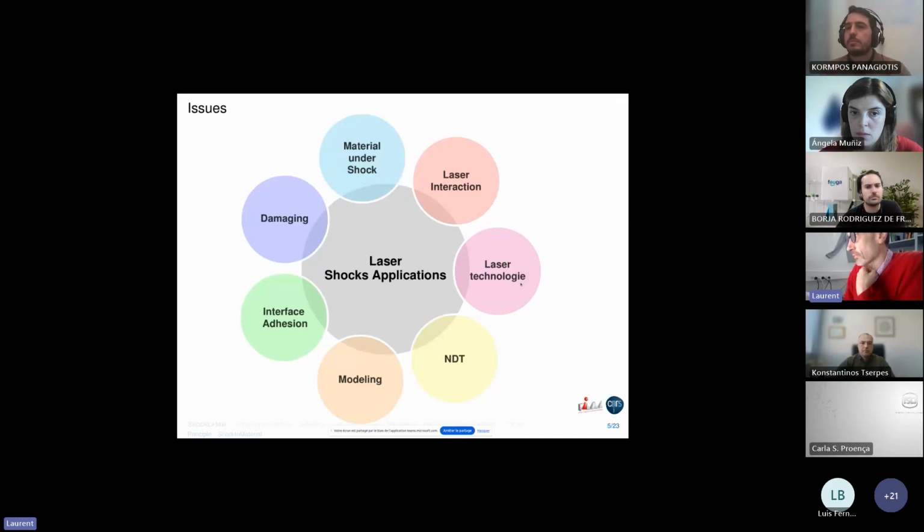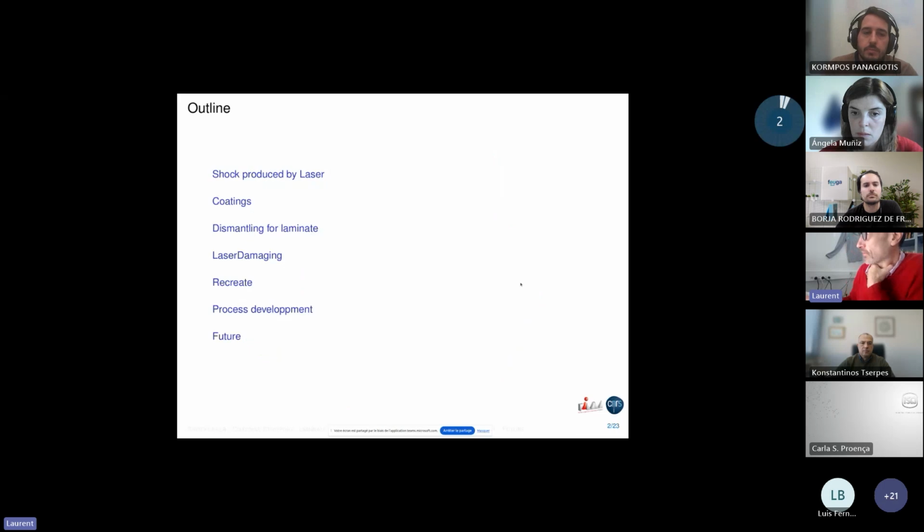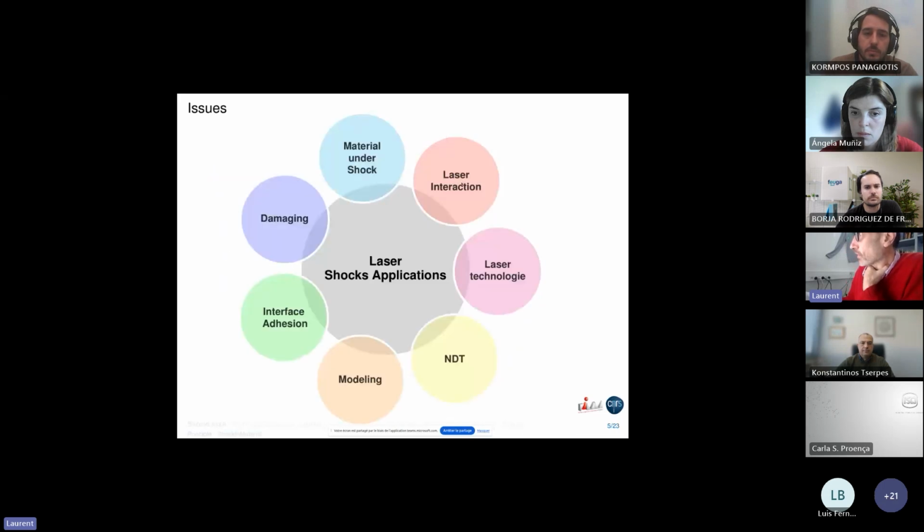For laser shock application development, there are many issues concerning the laser interaction, to control well the loadings induced by lasers on the materials. We have some issues concerning the material behaviors under shocks. We have damaging because, for example, in dismantling, the objective is to induce damage at the right interfaces to separate materials.